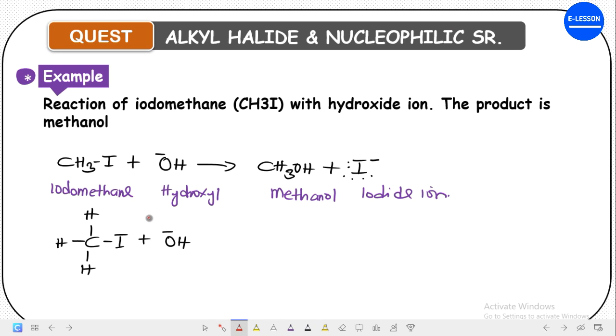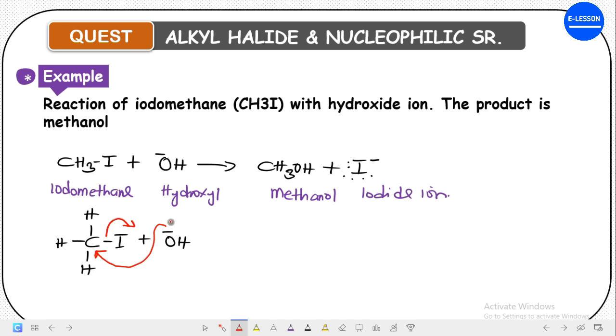Now, what I'm going to do is very easy. The nucleophile comes, it attacks this carbon here. As the nucleophile attacks this carbon, the iodine has no choice than to go away with its electrons. Are you getting it now?